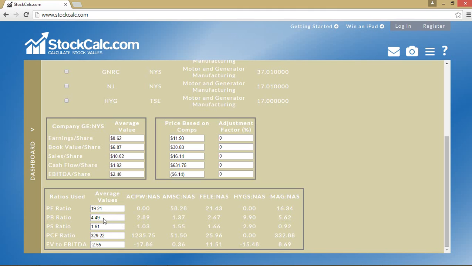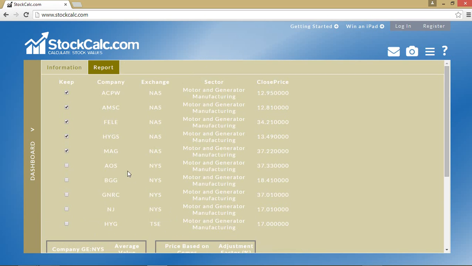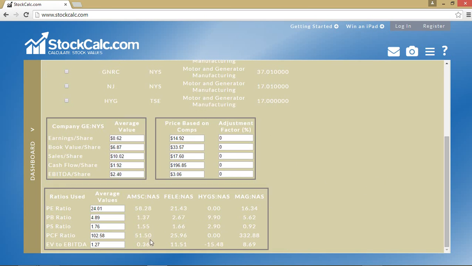Price to book 4.49, price to sales 1.61, etc. We can see the price to cash flow ratio is actually quite high because we have one very significantly higher price to cash flow ratio and one that is quite high here as well. We could, for example, drop that company, recalculate, and regenerate the values.